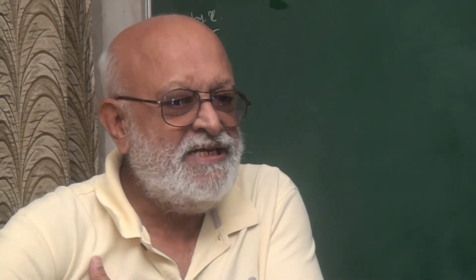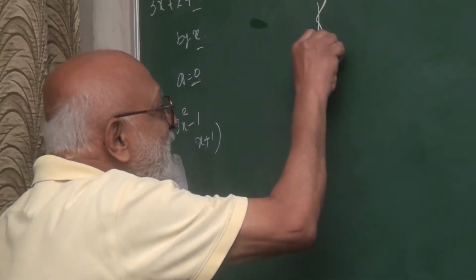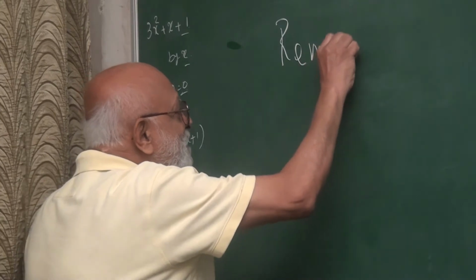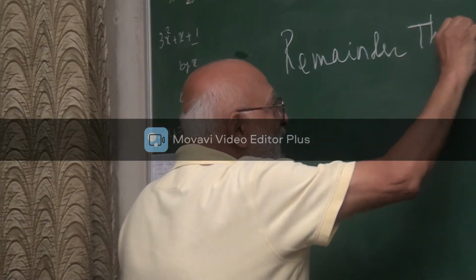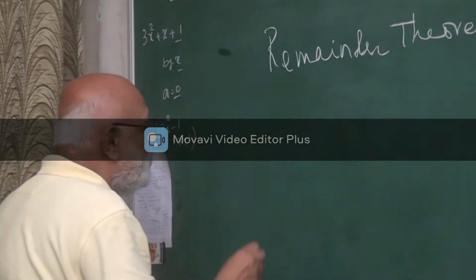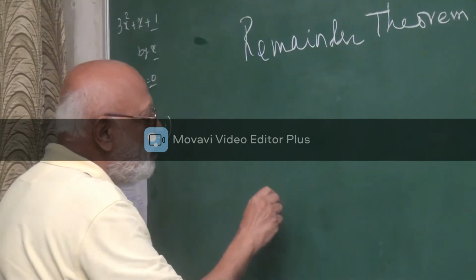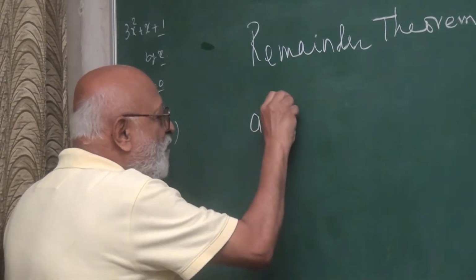So in this case, let us talk about what is known as the remainder theorem. I will just go back a little bit and remind you that we have talked about a polynomial, a standard polynomial, which represents, say, of n order.